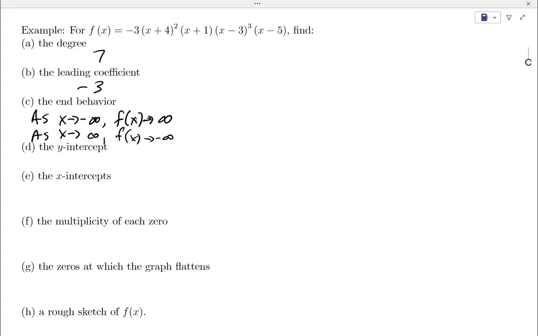All right. So last time we answered these questions. Remember the degree here: the quick way to do that is, if I've already got it in factored form like this, we can just look at the exponents that are on each of the factors, right? If you multiply this out, you'd have an x squared term.